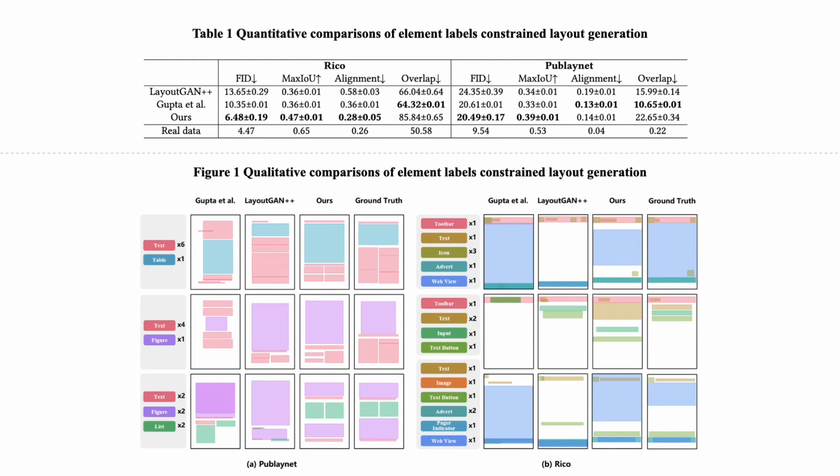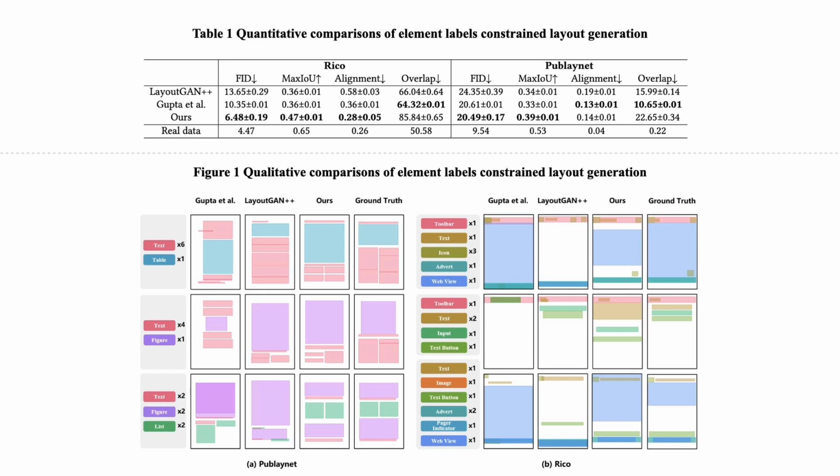To evaluate the performance of our model, we conducted extensive experiments on 3 public datasets and our PD card dataset, and compared our model with 2 state-of-the-art models. Table 1 shows the quantitative comparisons of element labels constrained layout generation. On both PubLayNet and RICO datasets, our model achieves the best performance in the evaluation of FID and max IOU, thanks to the discrete layout representation.